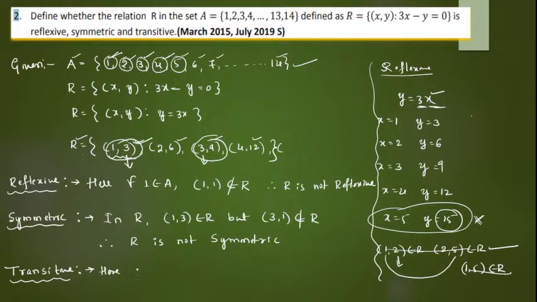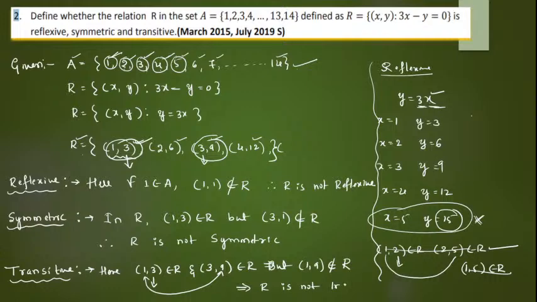Here an order pair 1 comma 3 belongs to R, and starting with this 3 one more order pair is there, that is 3 comma 9 also belongs to R. This implies the third order pair from 1 to 9, but that order pair 1 comma 9 is not at all belongs to my relation R. So if it is the case, then this implies your relation R is not transitive.